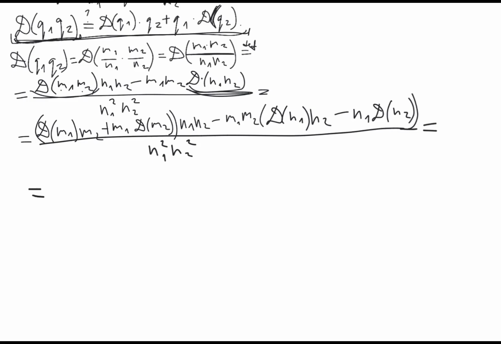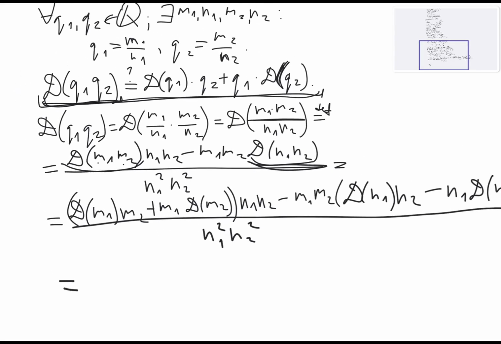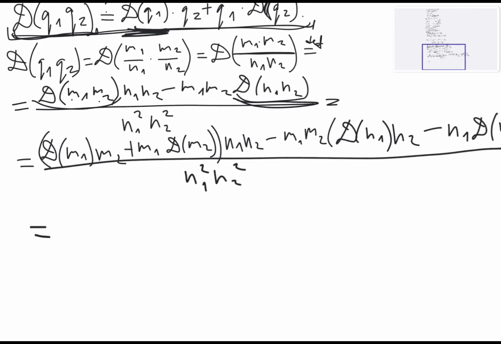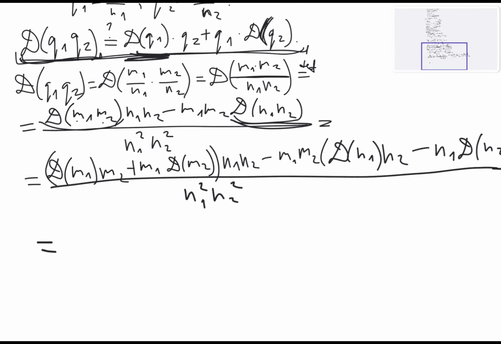So what we need in the end is d of q1, right? d of q1 is expressed as d of m1 over n1, so it would be d of m1. I'm trying just to gather the multipliers that we need.